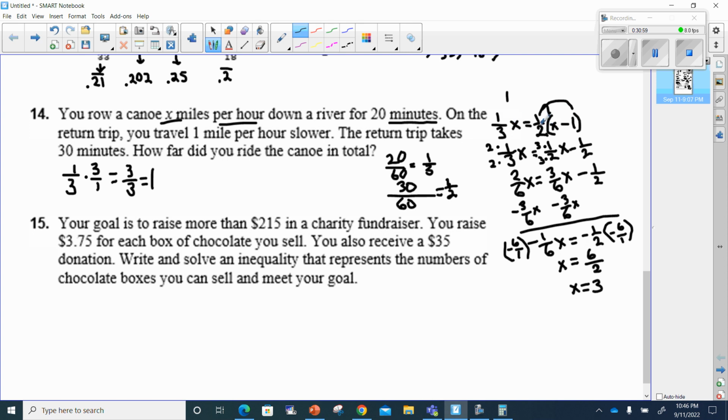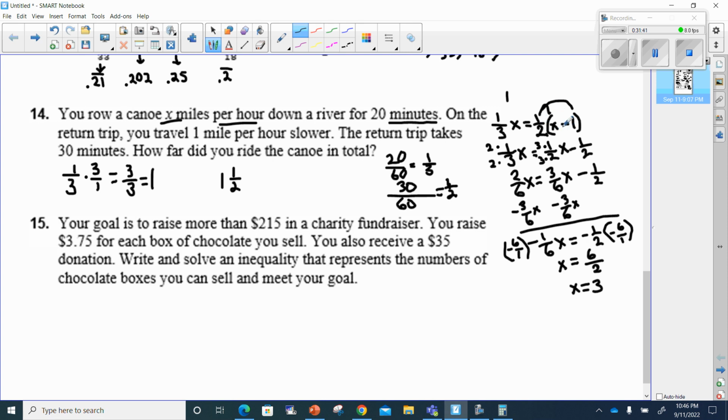So we'll just work it out to make sure. We came up with 3 over 6x, or even 1/2 x minus 2. I guess if I work this out, and x was 3, I'd have 1/2 times 3, and that's going to be 1.5, or 1 and 1/2. And then minus 1, right?